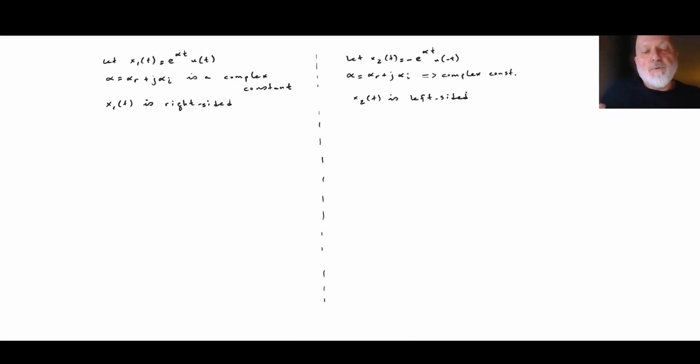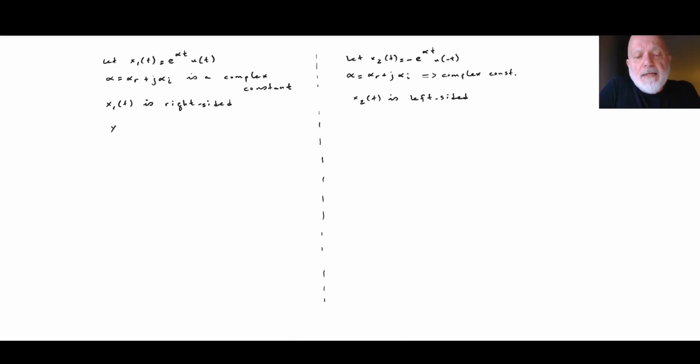When we plot x1 of t or x2 of t, x1 of t will have non-zero values in the graph for positive values of t, therefore it's right-sided, and x2 of t will have non-zero values for negative values of t, therefore it will be left-sided.